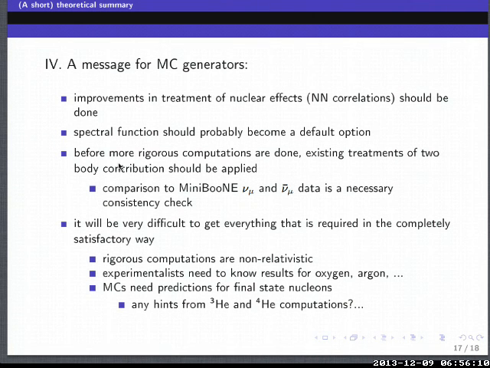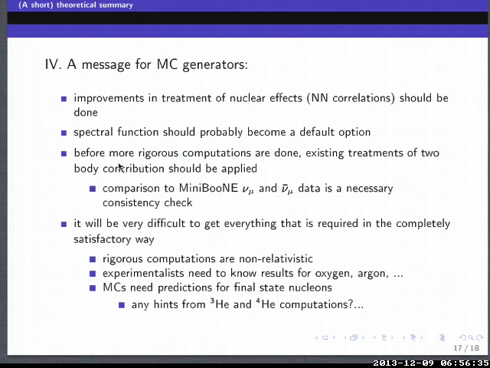Then also, this probably can be done, but Monte Carlos need predictions for final state nucleons. So we need to know the isospin of the ejected, knocked-out nucleon, and also we would like to know how transferred momentum is distributed into a pair.